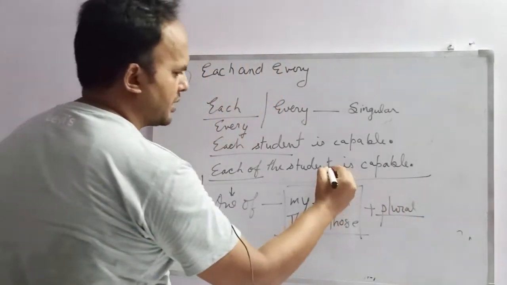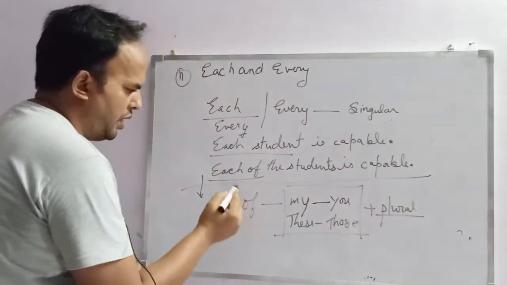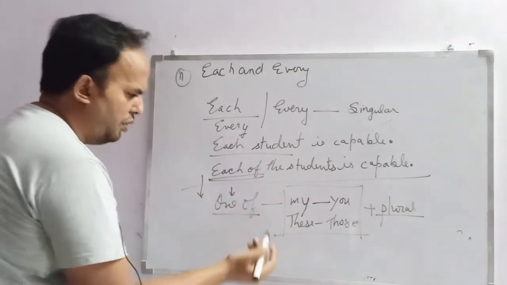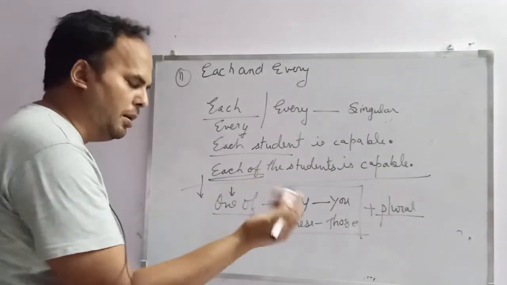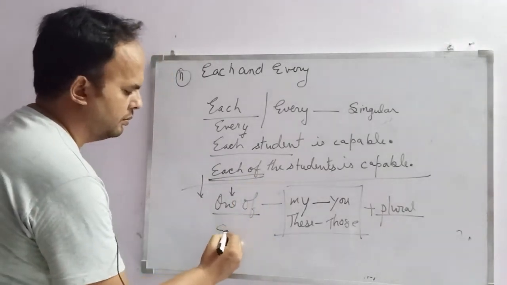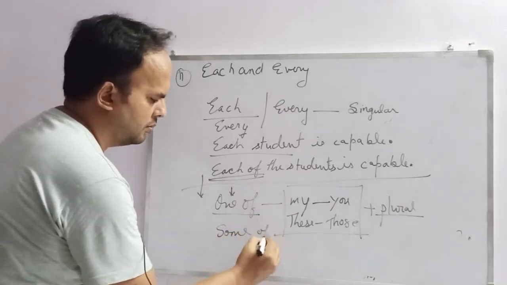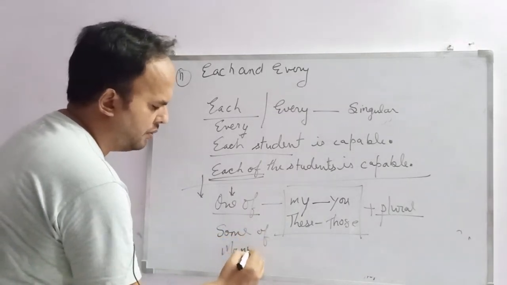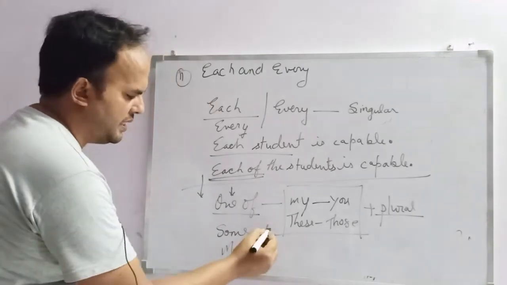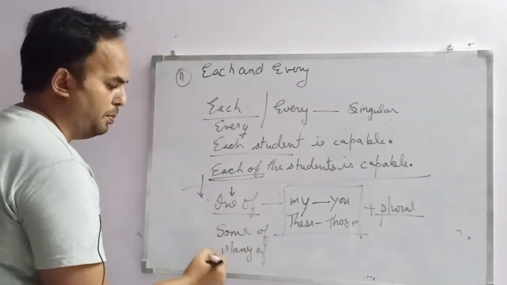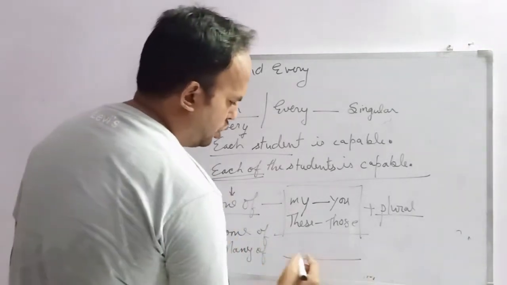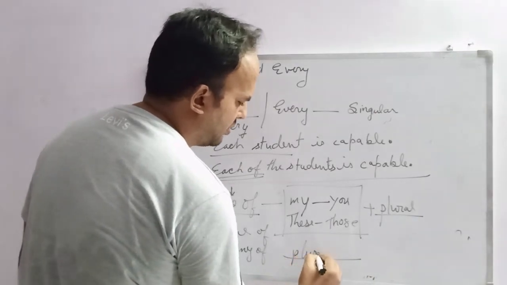Remember always, if you are using each of, one of, some of, many of, if you are using these kinds of words, you have to use a plural subject.